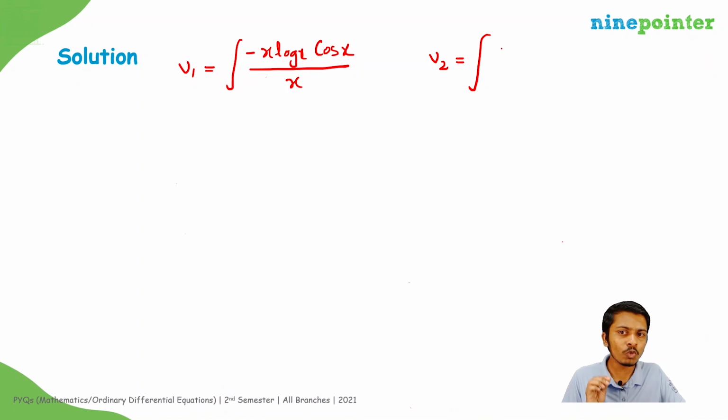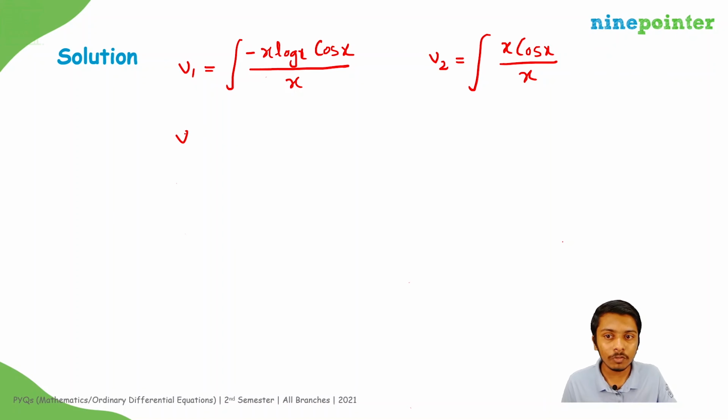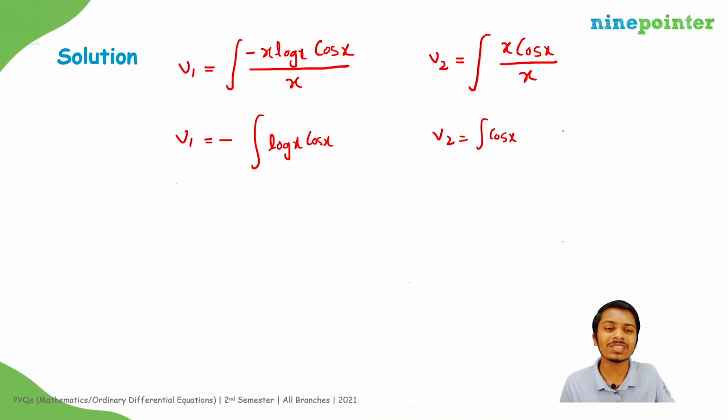So v2 equals integral of y1, which was simply x, into r of x, which is cos x, divided by our Wronskian, which is x. So I do these integrations and get v1 and v2. So v1 equals minus integral log x cos x, as x gets cancelled, and here I will have v2 equal to simply integral cos x, which is very trivial, that is sin x.